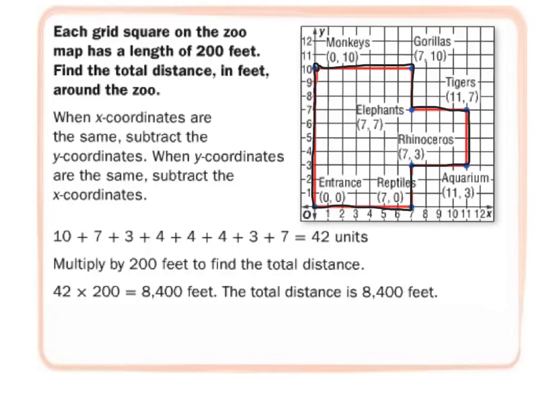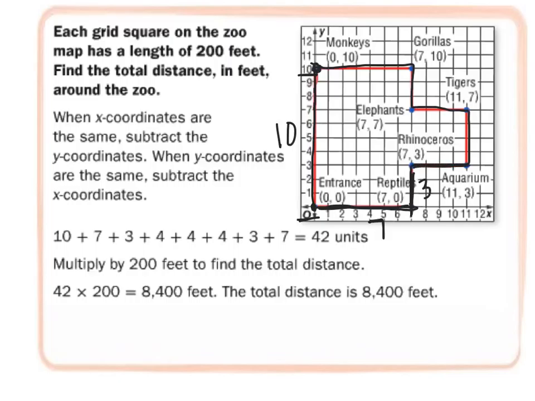Okay, so I see that this one is at 10 up here, and this is at 0. Well, 10 take away 0 is 10. So this side is 10. Over here on the bottom, from the entrance to the reptiles, that goes from 0, 0 to 7, 0, so that went 7 away. Okay, I'm just going to keep going. From reptiles to rhino, it was at 0 and it went up to 3.